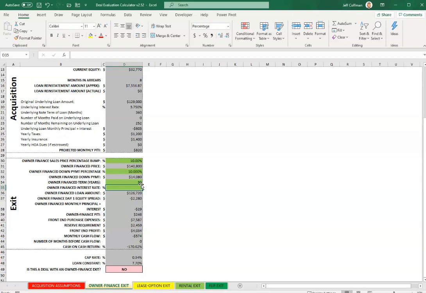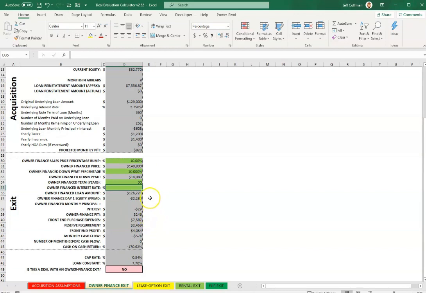This is where the owner finance interest rate, this is where I'm going to create the spread between what my monthly payment is right here on the underlying note and what the new buyer is actually going to be paying me per month.